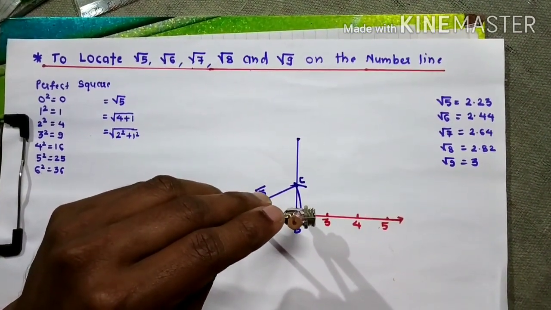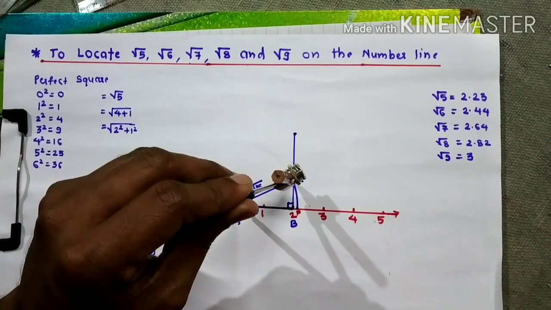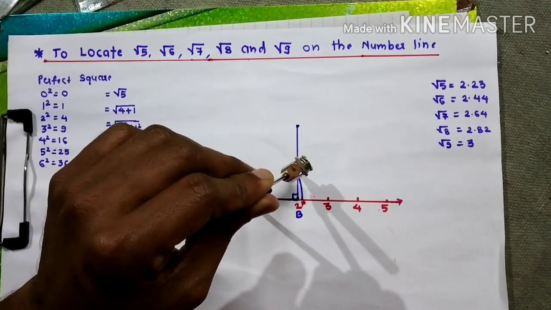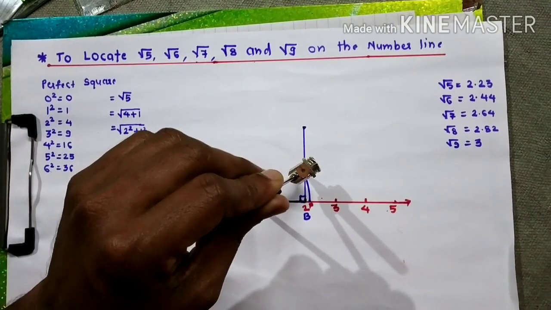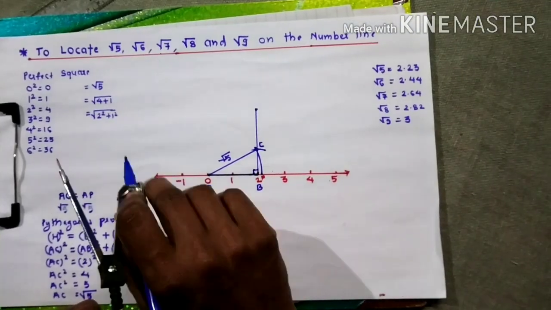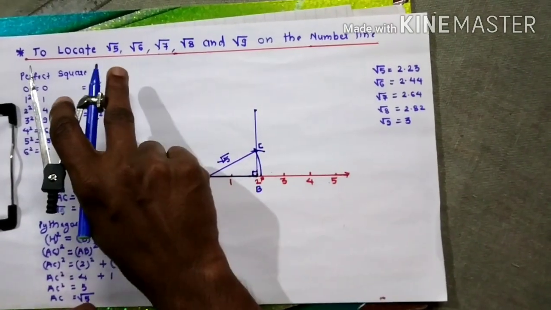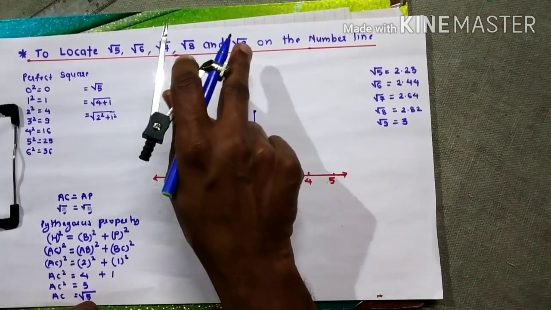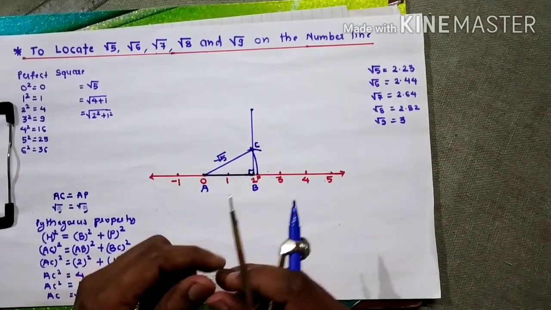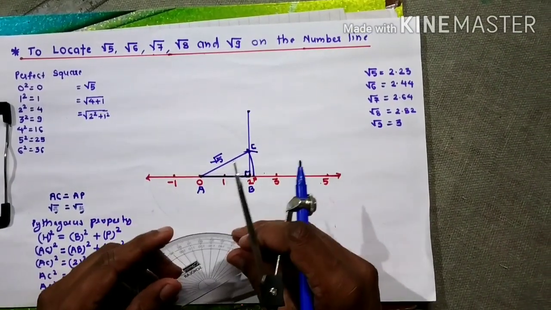AP is one radius and AC is another radius. So the distances of these two radii are the same. Root 5 is equal to root 5. In order to locate all these irrational numbers, root 6, root 7, root 8, root 9, first we have to locate root 5. Now let us locate root 6.